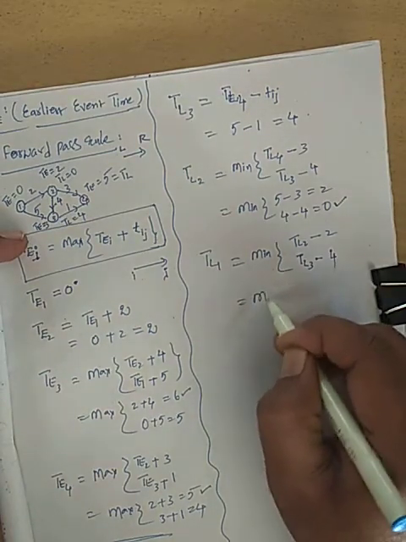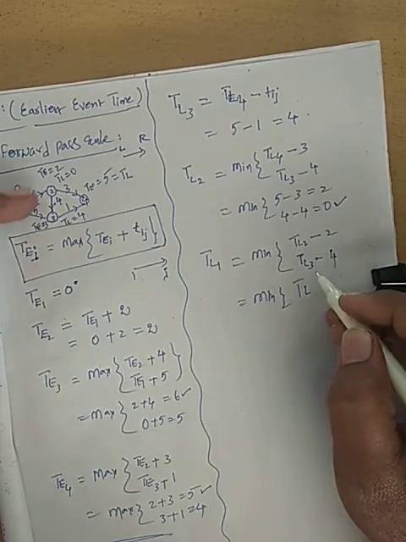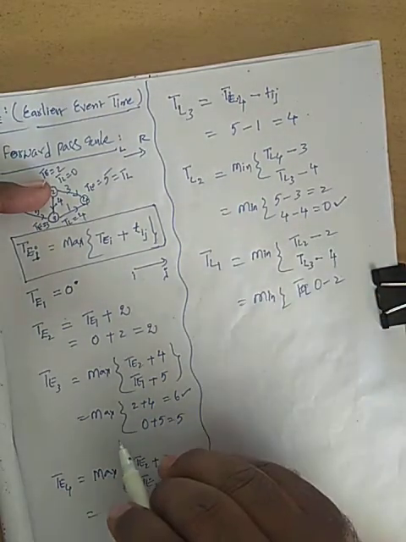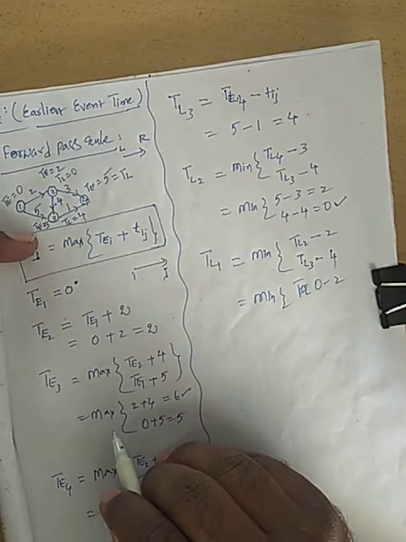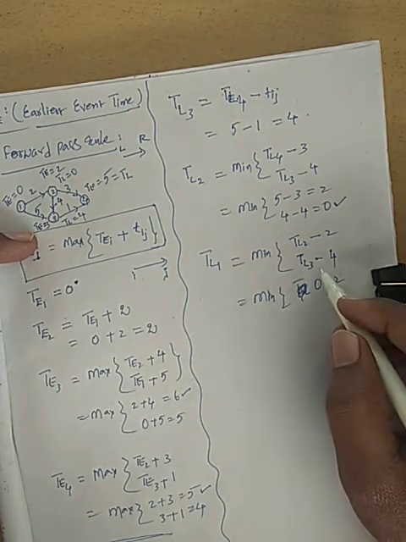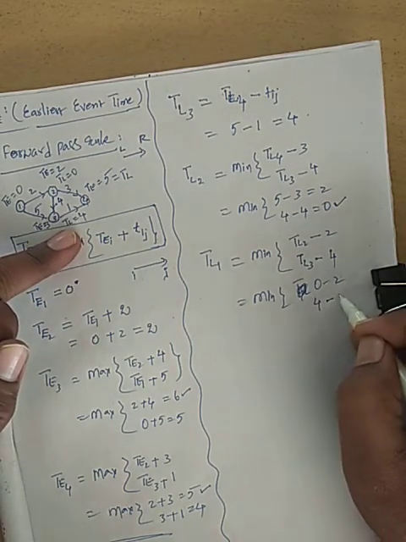So in terms of numbers, TL2 is 0, so 0 minus 2. And now here, TL3 is 4 minus 5.